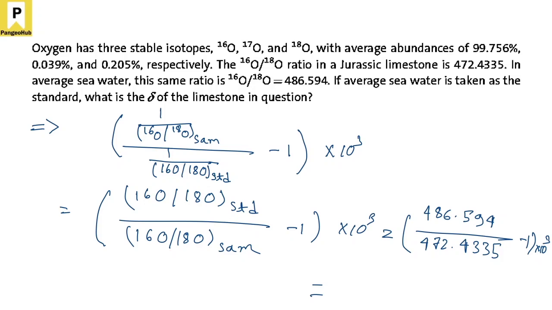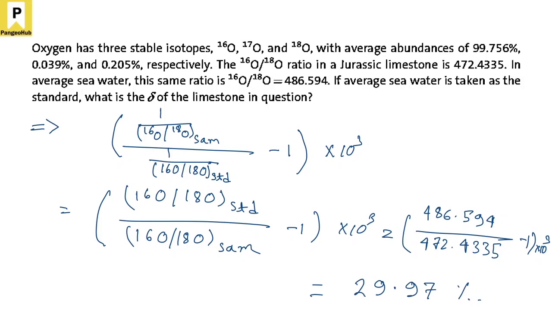It is 1.0299 minus 1, so 0.0299, and the answer will be close to 29.97 per mil. So it's almost close to 30.